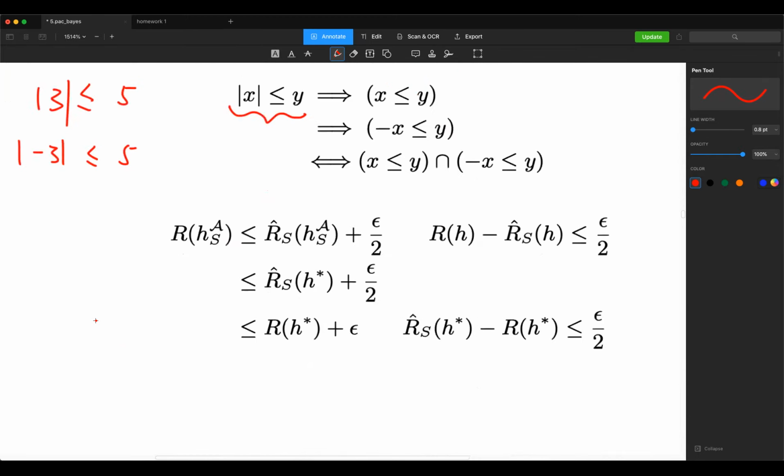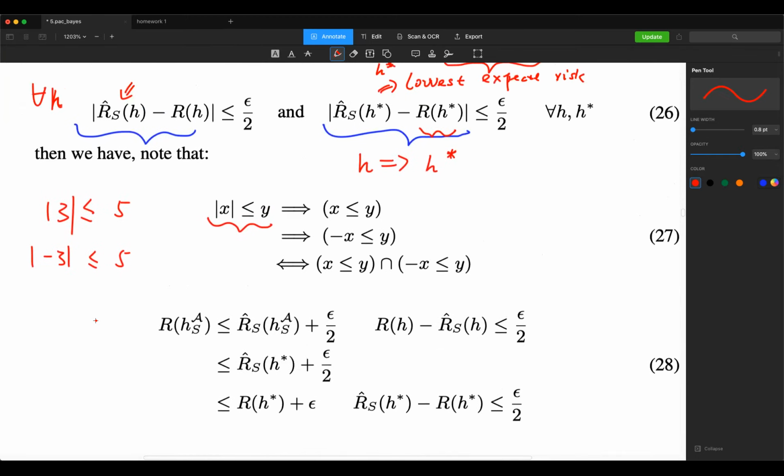Once you have done that, we can prove this is true. Why? By just looking at that: the absolute value is less than that, so we know that without the absolute value, that's also true. Without the absolute value, this is going to be less than or equal to this plus that.